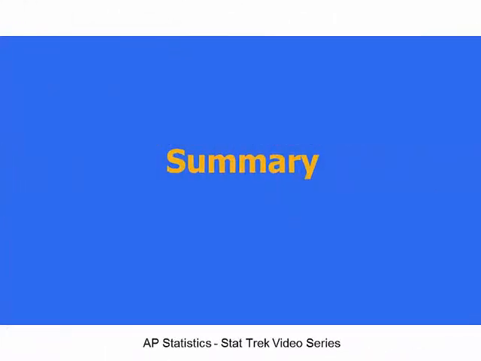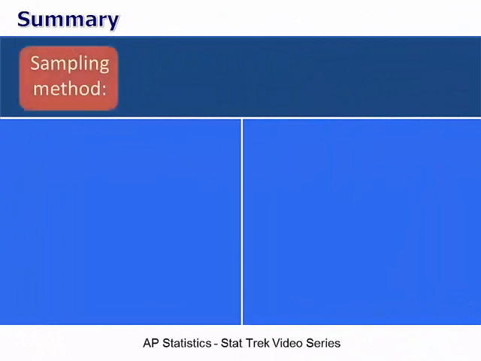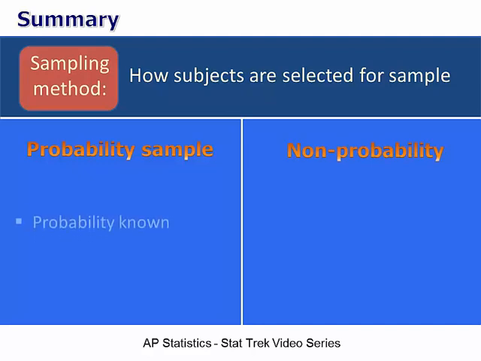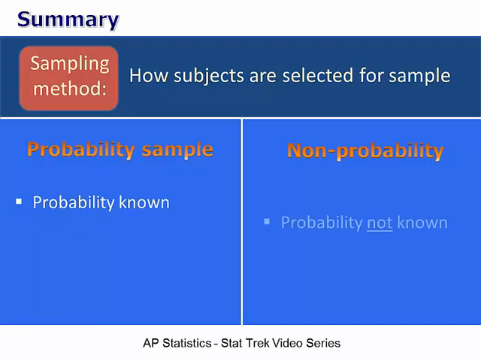Let's review. A sampling method refers to the plan for selecting observations from a population to be in the sample for a survey. Sampling methods fall into two broad categories: probability samples and non-probability samples. With probability samples, each element has a known chance of being selected for the sample, but that is not the case for non-probability samples.